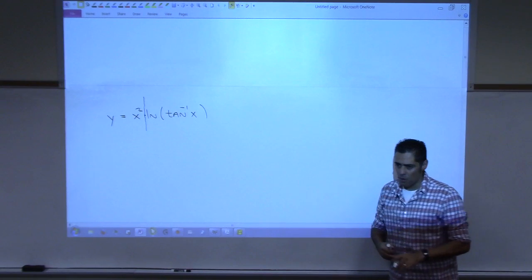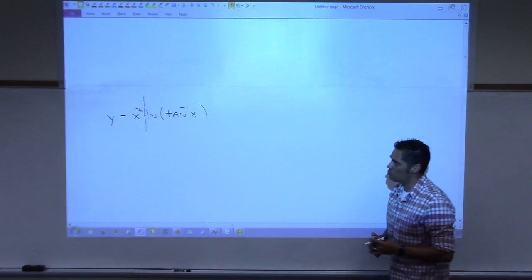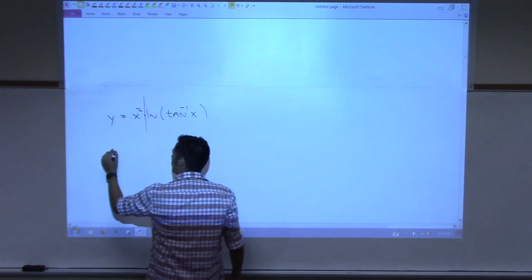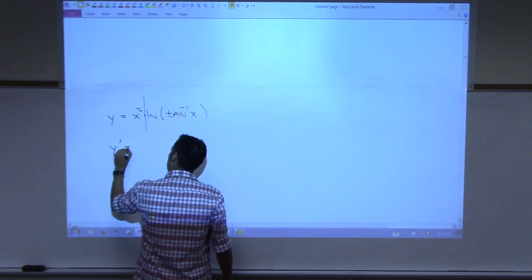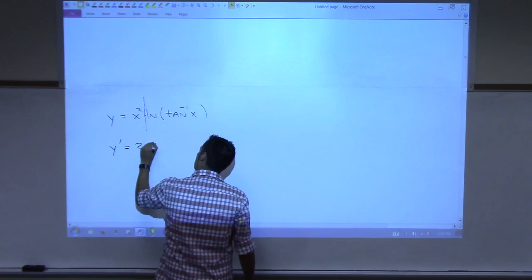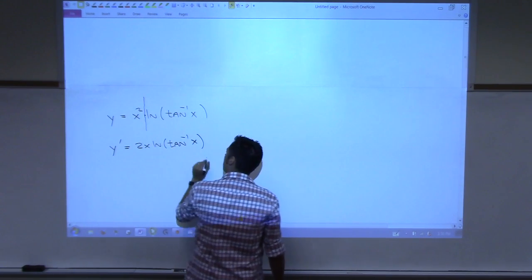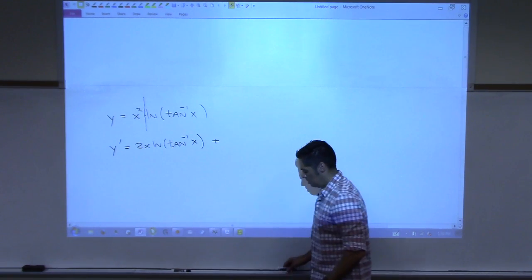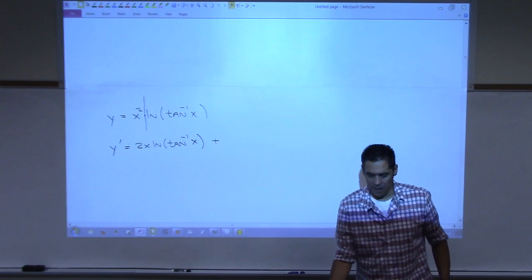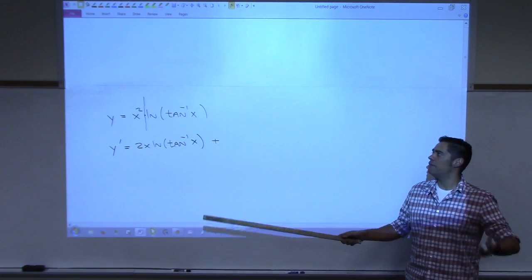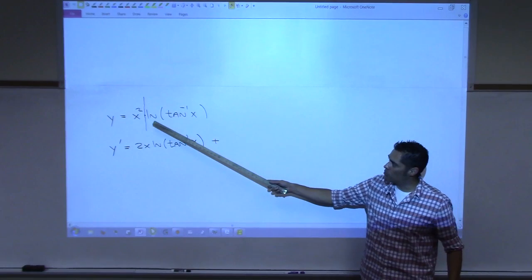And so I'll apply the product rule, which will be the derivative of the first one times the second one. So 2x times everything, plus 1 over arctangent x, since we have natural log of arctangent. So we have the chain rule here.